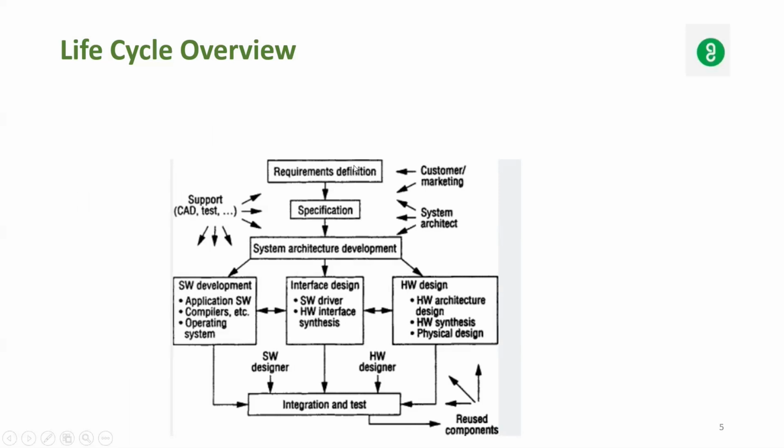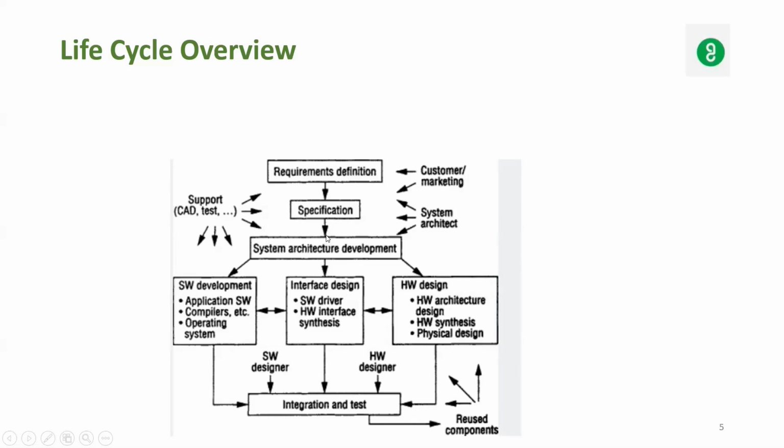Requirement definition: you have to analyze the market and get all requirements from the customers. You should have all possible combinations, and you have to turn that into a specification. From the specification, you go for architecture development.